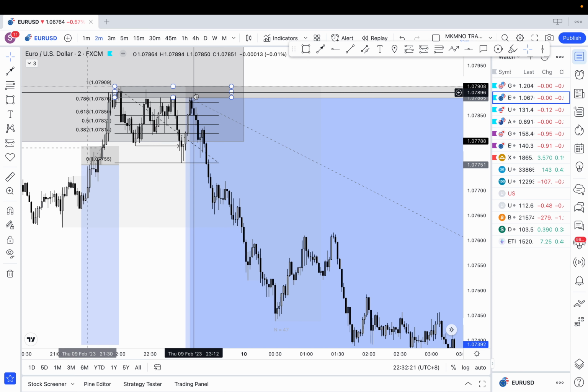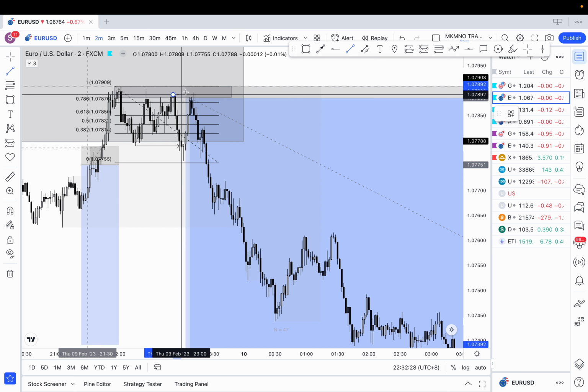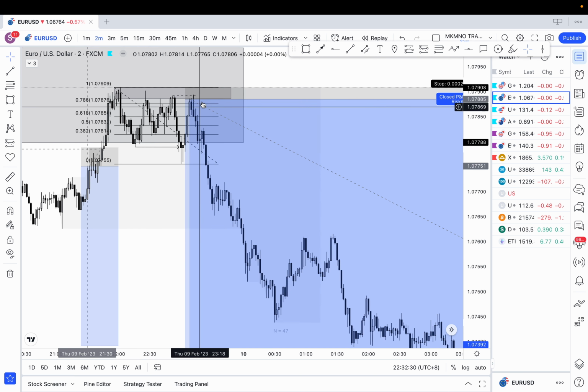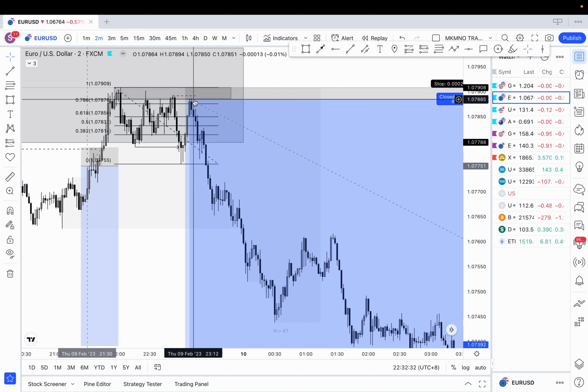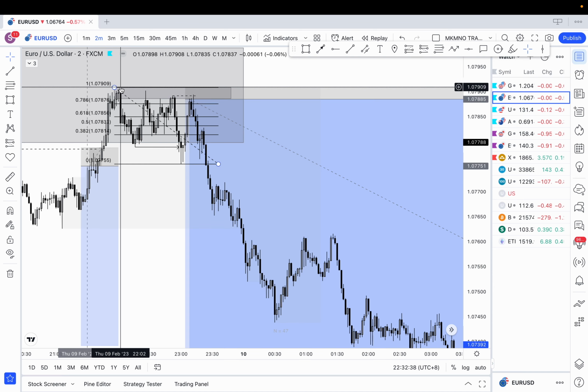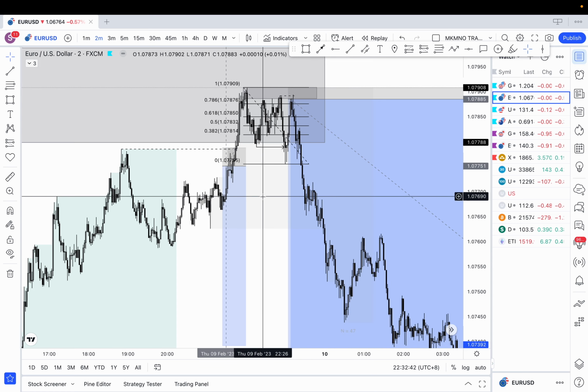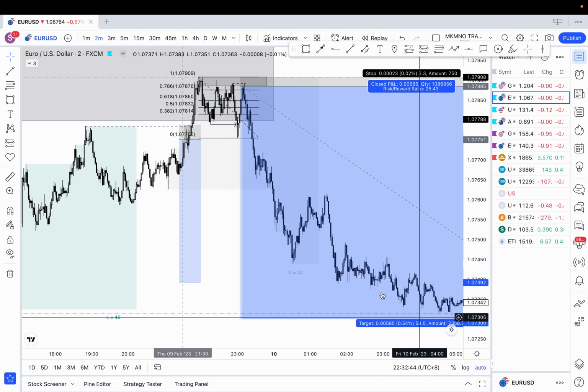So I set an order right there, because I believe that price has to take out liquidity first before pushing off. My entry was at the body of the order block in this last candle, and my stop was all the way up at this high. Price just went in, tapped into it, and then started selling off.